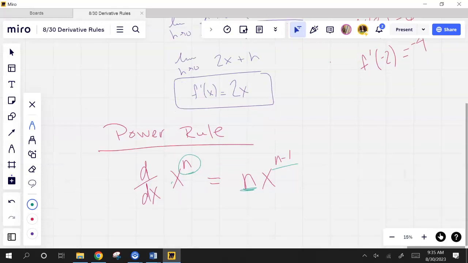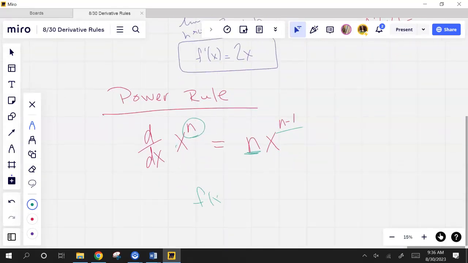So if f of x was, I don't know, x to the 8th, then what's the derivative? I didn't have to do a difference quotient. I didn't have to plug in that whole thing and do a limit.